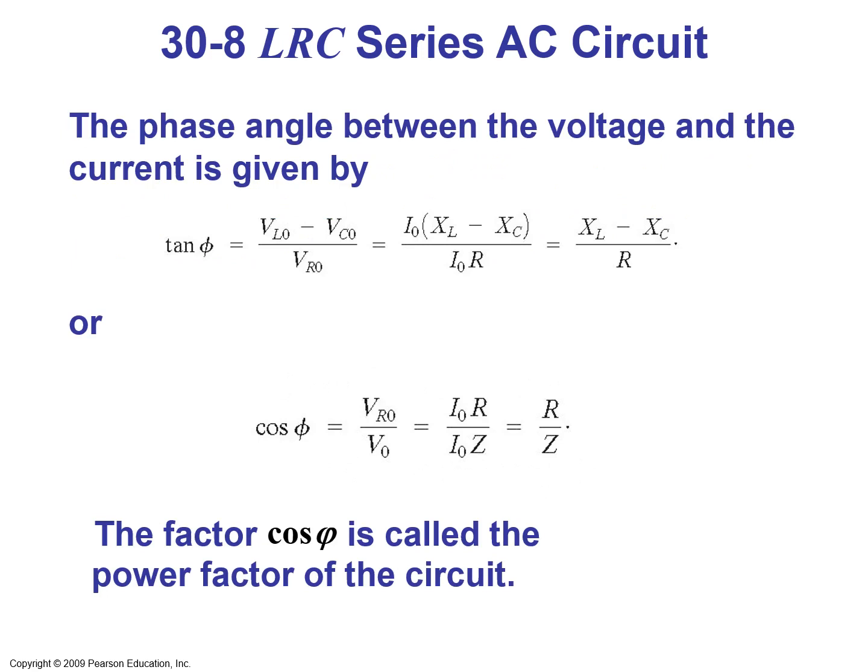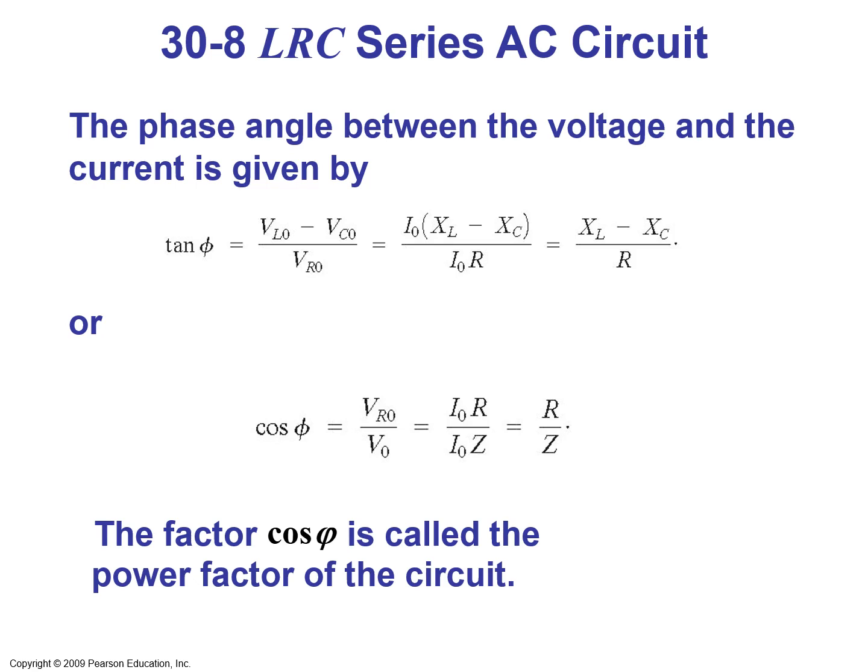The phase angle between the voltage and the current is given by tan phi equal to the ratio of VL0 minus VC0 divided by VR0.